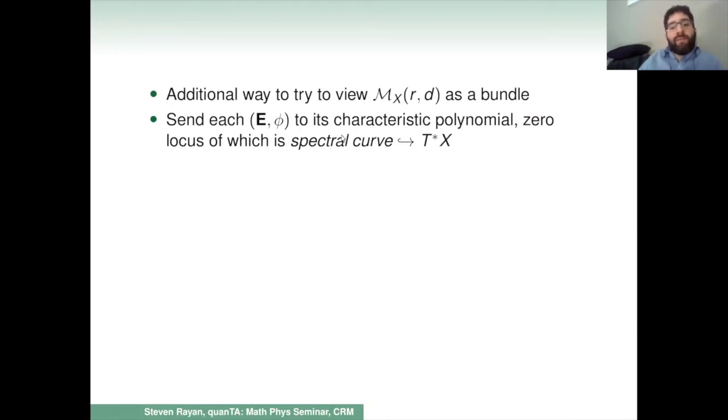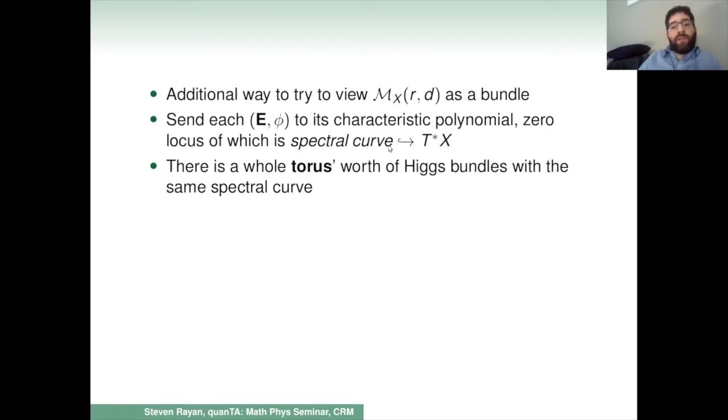It's a set of eigenvalues for every point in X. And this now is a Riemann surface of its own. This is referred to as the spectral curve for obvious reasons. It's really the spectrum of phi. And because phi is a T-star valued object, the eigenvalues can be thought of as one forms. And so the spectral curve determined by solving the characteristic polynomial of phi embeds in the total space of the cotangent bundle on X.